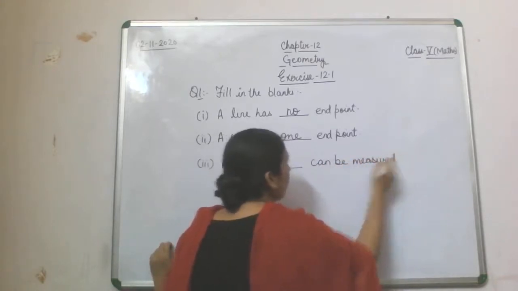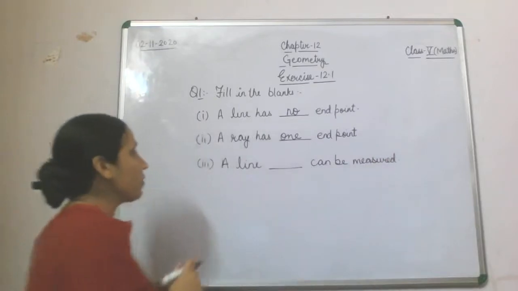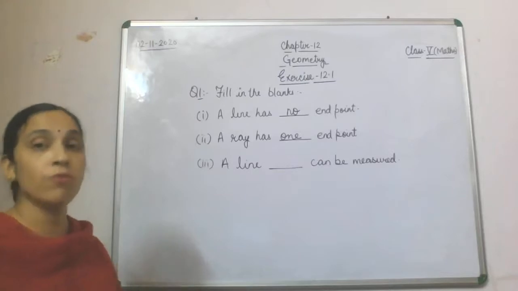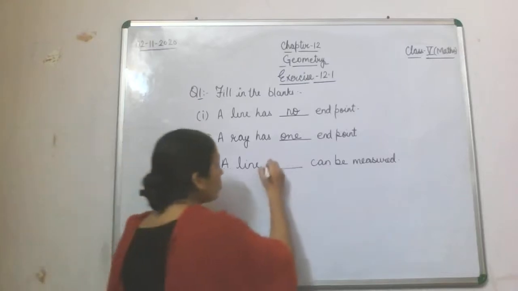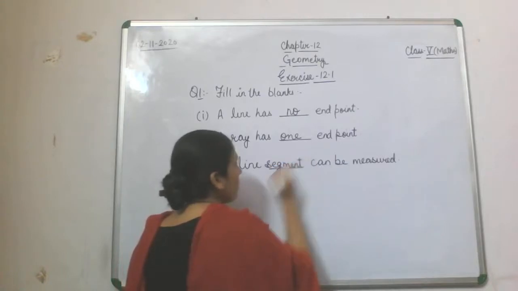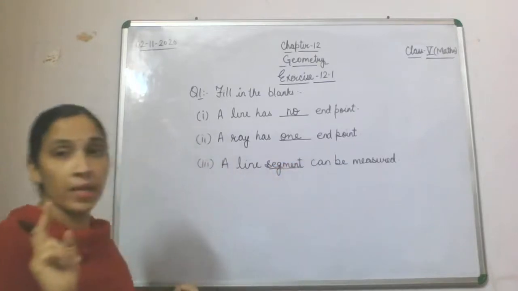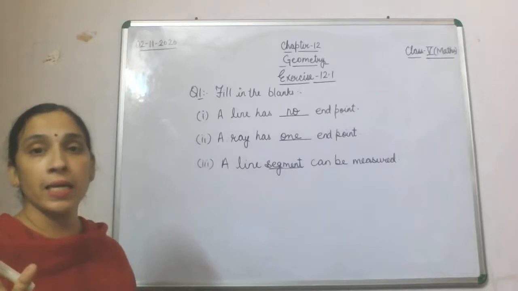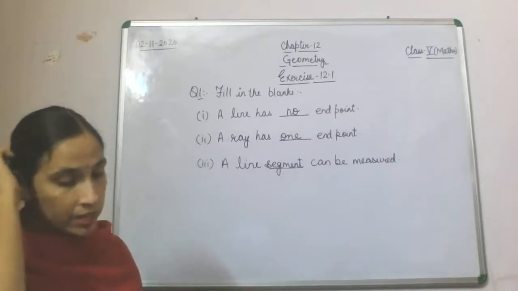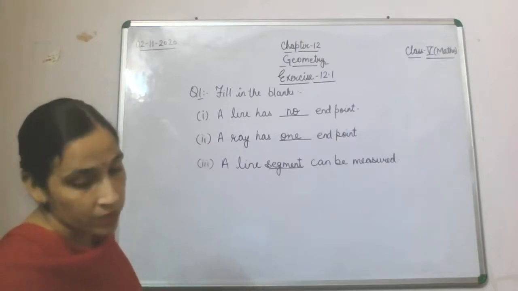Now here you have to write which kind of a line can be measured. A line segment can be measured. We cannot measure a ray, we cannot measure a line, but a line segment can be measured. So here the answer will be line segment.